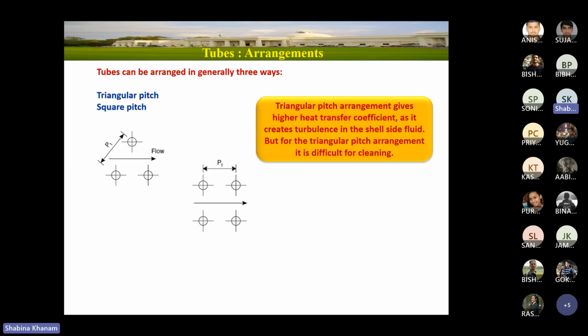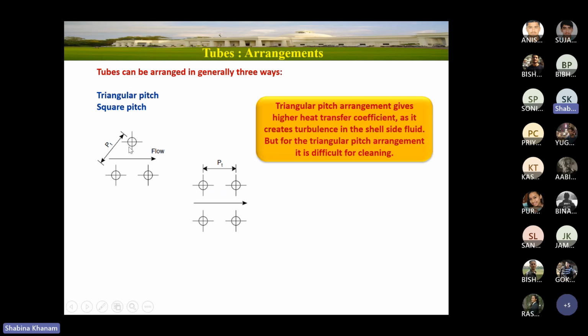Now the second type is the square pitch, which we have already seen in the video. So this is PT, this is PT, this is PT, and this is PT. The distance between two tubes is PT only, but if you observe the flow, whatever fluid is coming in between will pass through this channel without any disturbance.